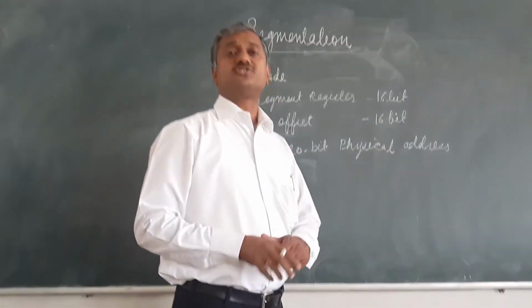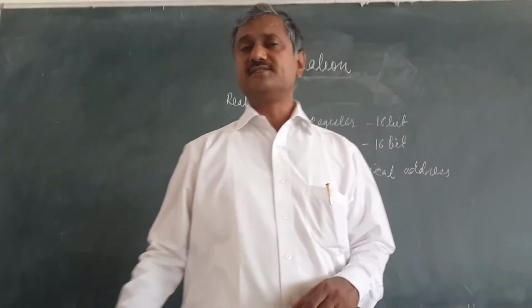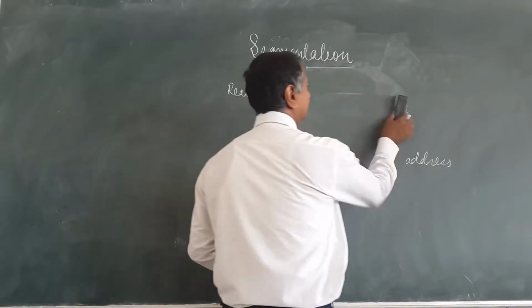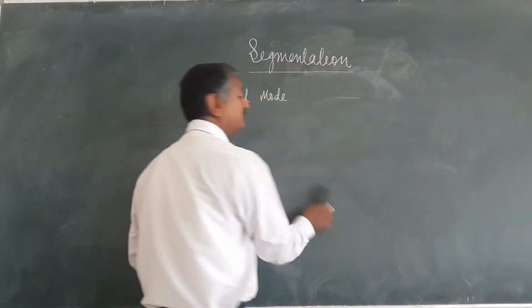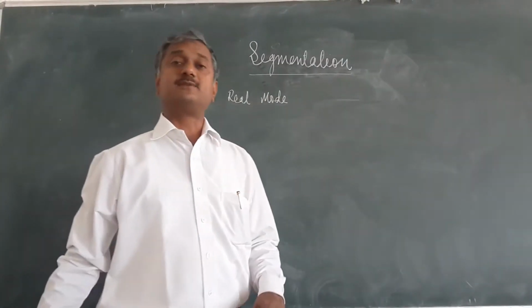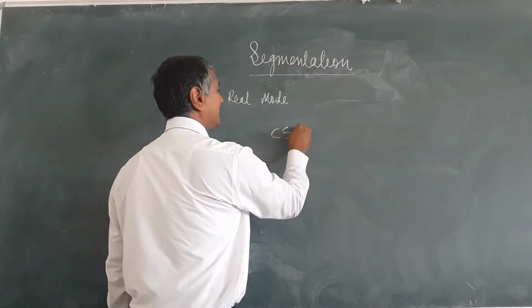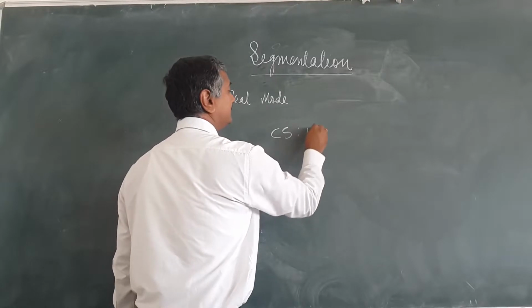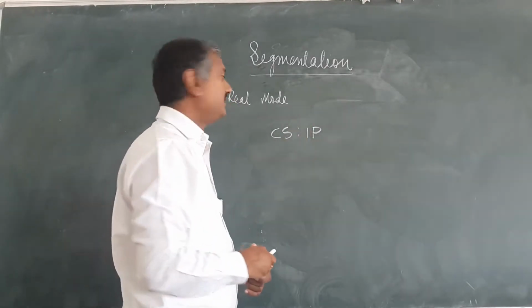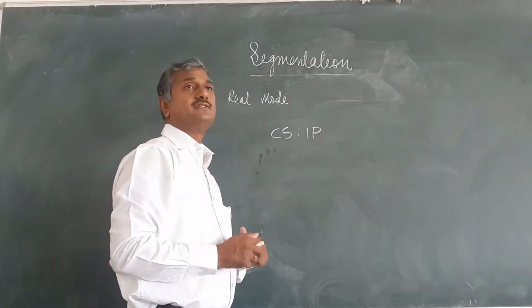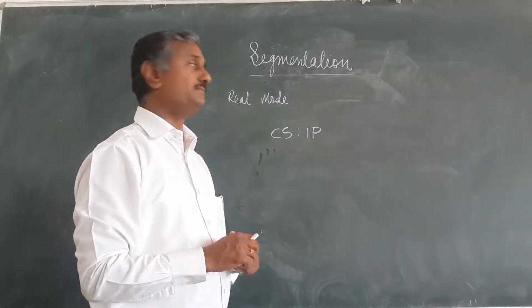To understand the process of address calculation, let us consider the access to a code segment. Whenever code is fetched by the processor, it uses the CS and IP registers as default. Here CS is a 16-bit segment register and IP is the instruction pointer, which is also 16-bit.